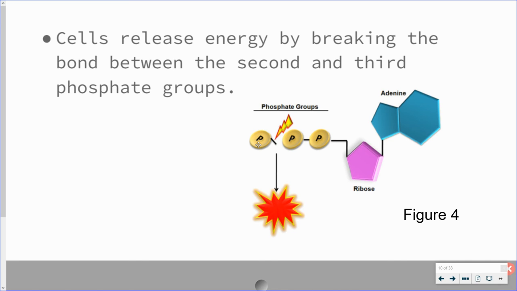You need to remember, whenever chemical bonds are made, you store energy. Whenever chemical bonds are broken, you release that energy. Whenever you make bonds, you store energy. Whenever you break bonds, you release it.